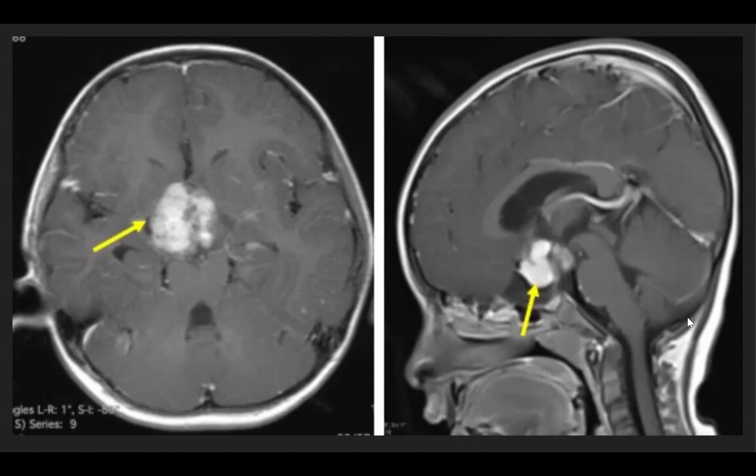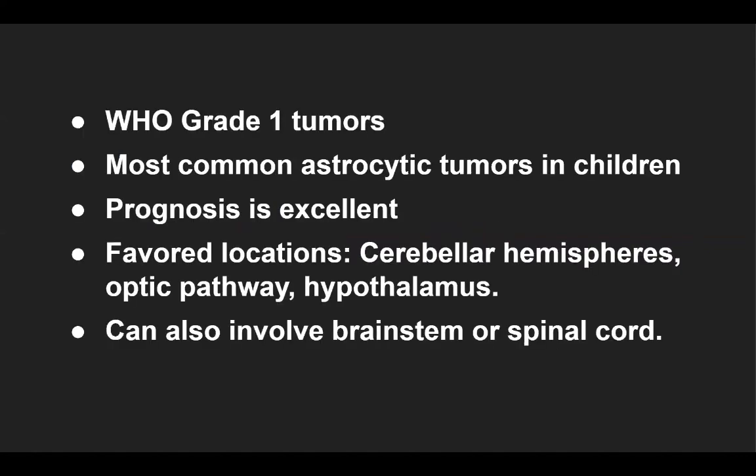So it's always important to keep this in mind that radiology can be very, very deceptive. And the best we can do is make a list of differentials. But obviously, histopathology is going to be the final word. Moving on. These are WHO grade 1 tumors.